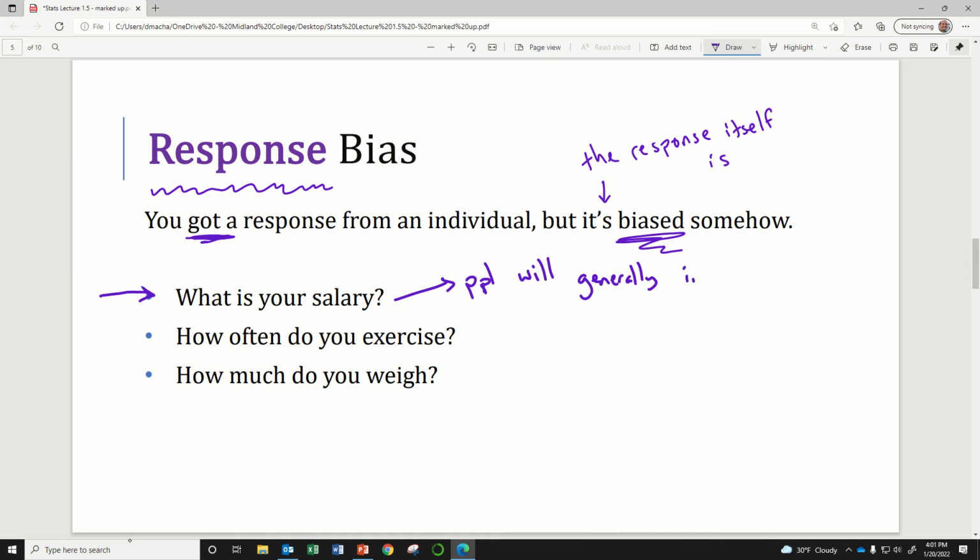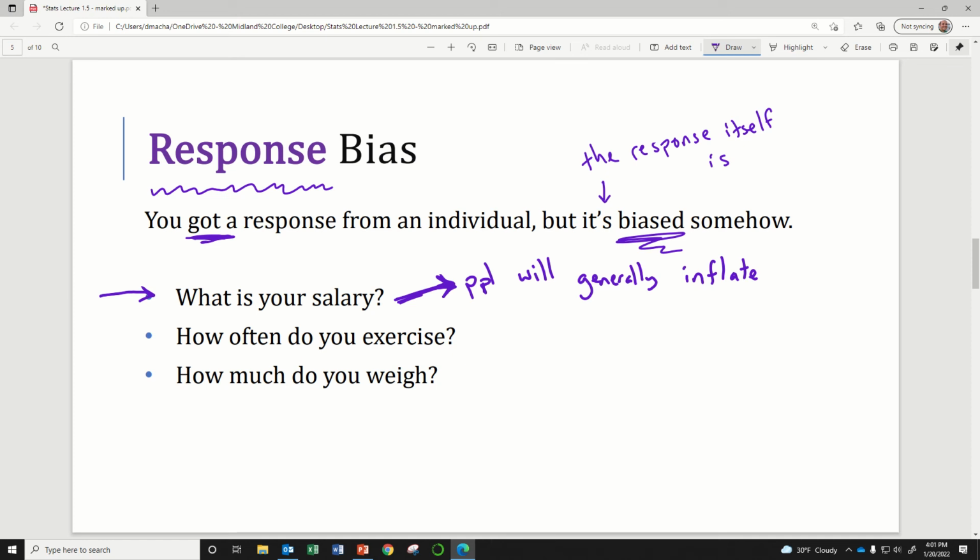People will generally inflate this, and so maybe they'll tell you that they make $50,000 a year, right? Because they want to be perceived by other people as someone who is valuable or someone who makes a big income. They want other people to respect them and so forth. So there's motivations people have for inflating their salary when asked about it.